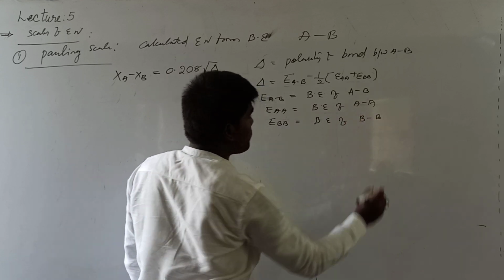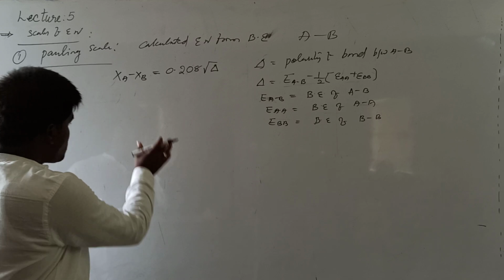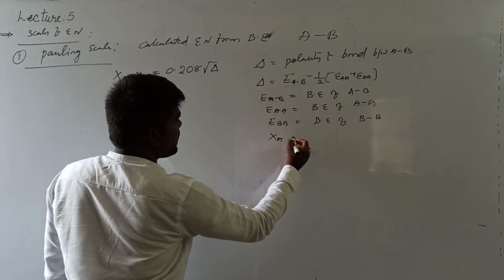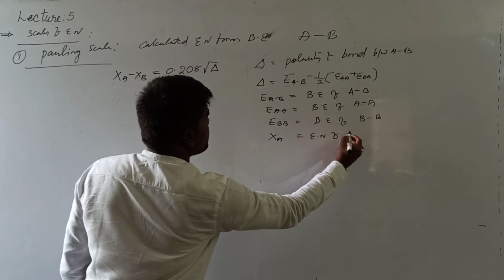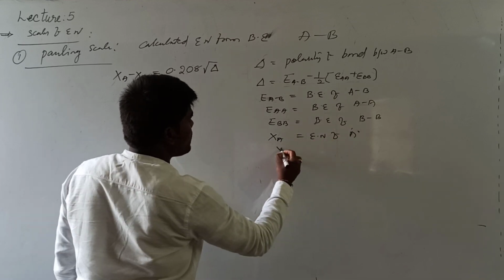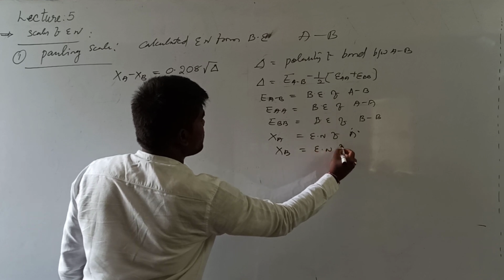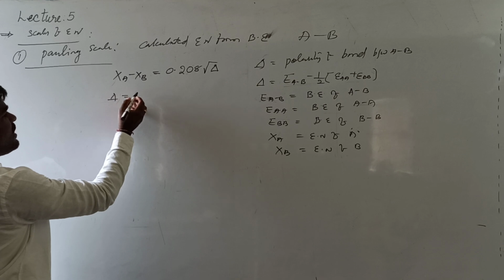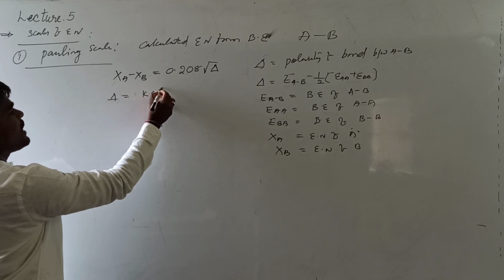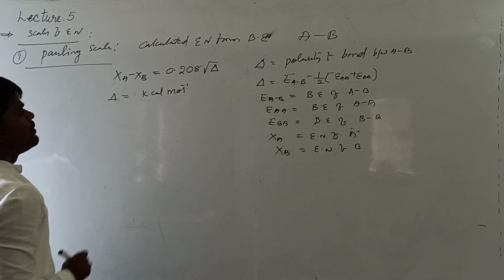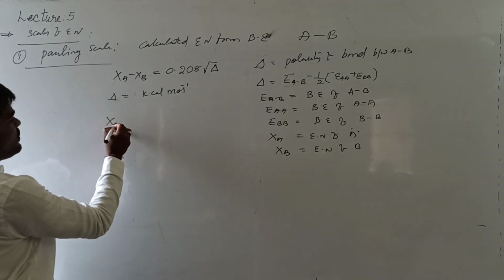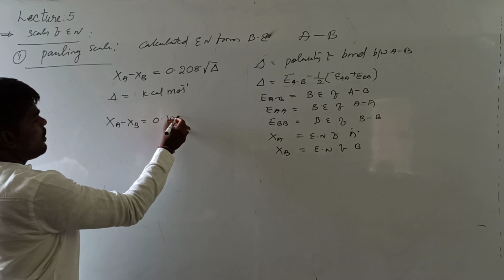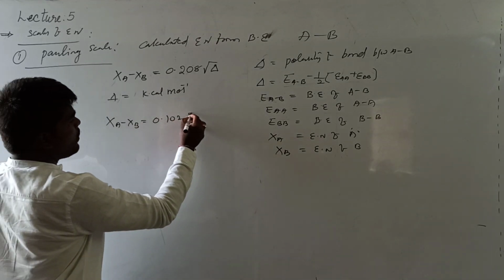When you have to use this formula, the important thing here is that chi A is the electronegativity of atom A, and chi B is the electronegativity of atom B. This formula is applicable when the delta value is in kilocalories per mole. If the delta value is taken in kilojoules per mole, the relation will become 0.12 root delta.